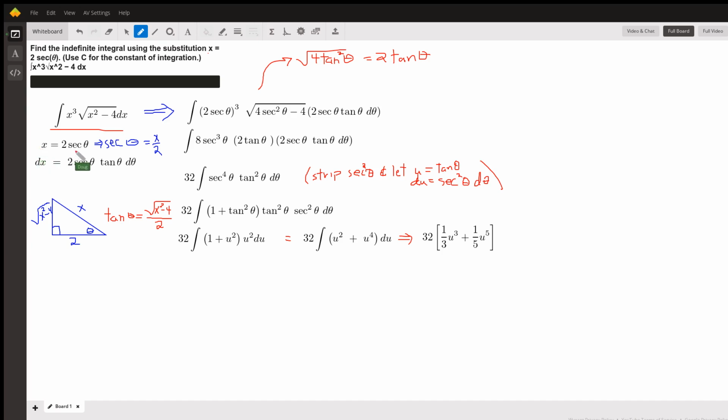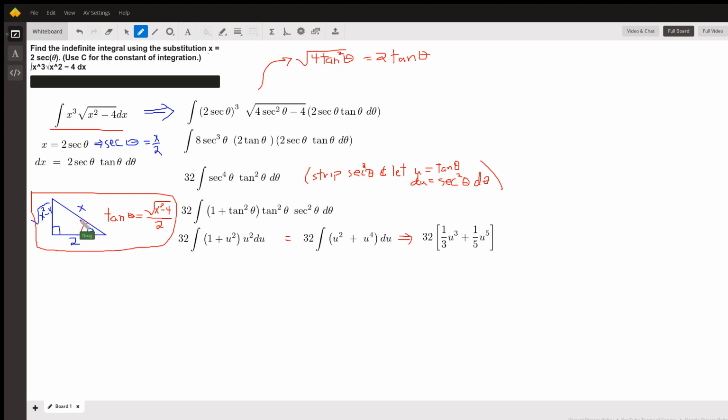So if x equals this, dx equals 2 secant theta tangent theta d theta. And by the way, down here I've drawn a little triangle that makes use of the fact that if x equals 2 secant theta, then secant theta equals x over 2. So you can picture, here's the angle theta.